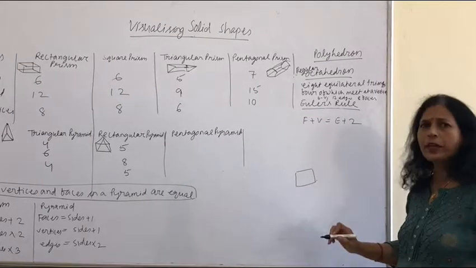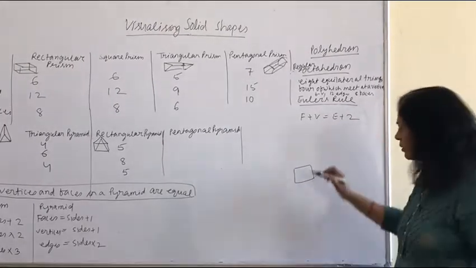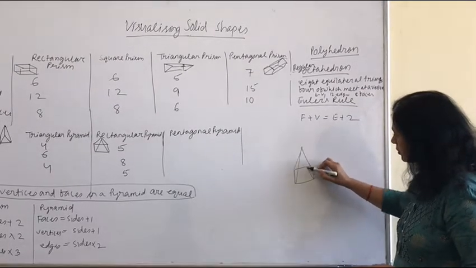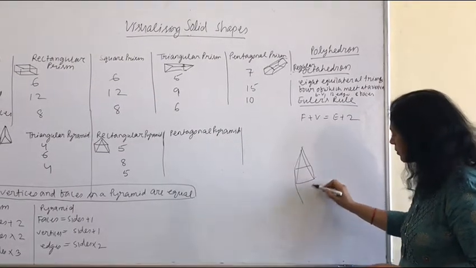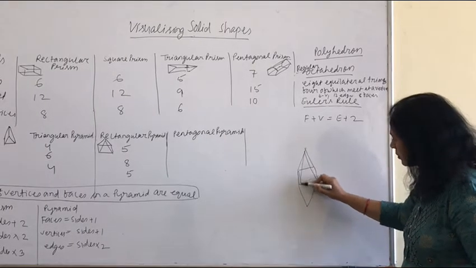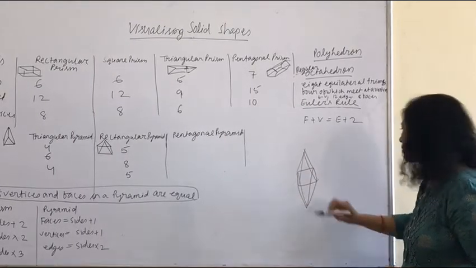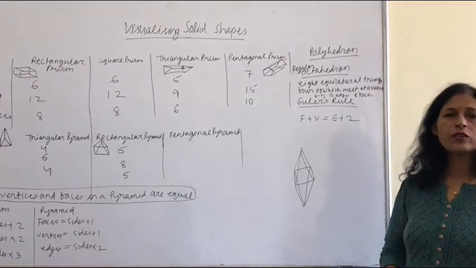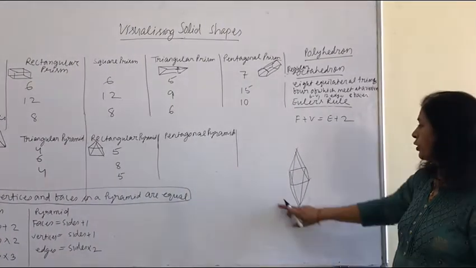If a square pyramid is joined to another square pyramid, like that, this is your octahedron. If all faces are equal, this is your regular octahedron.